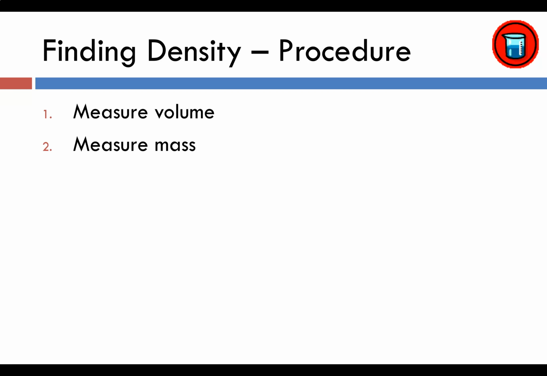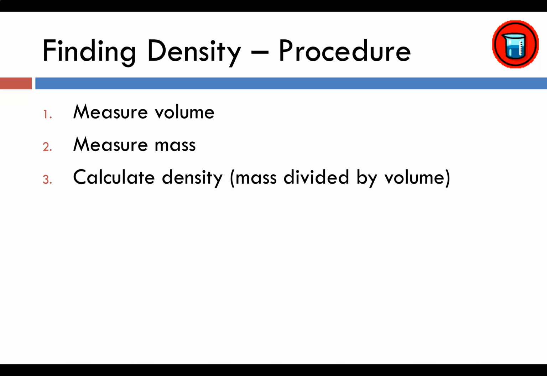I need to measure the mass as well. We know density is mass divided by volume. So something like a triple beam balance or an electronic scale will do the job and measure the mass for us. At that point, it's just a math problem. I have my mass, I'll divide it by my volume. That will give me my density in terms of grams per liter. And I would simply repeat that for the other liquids.